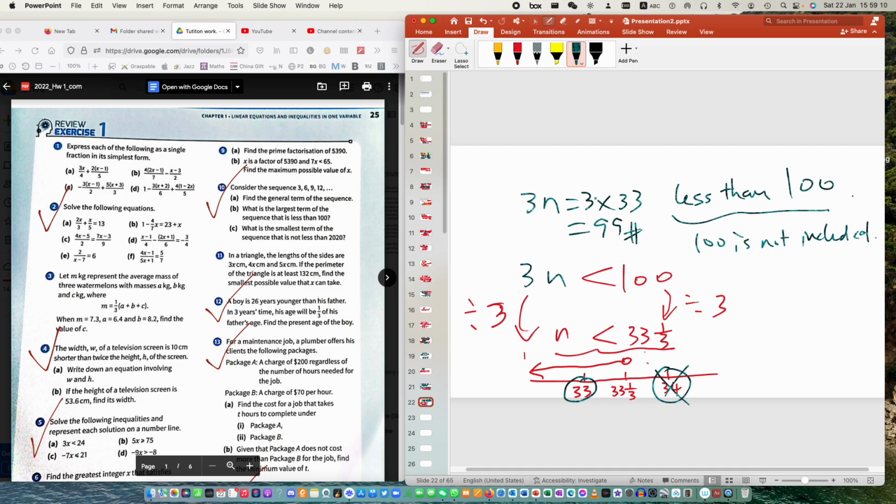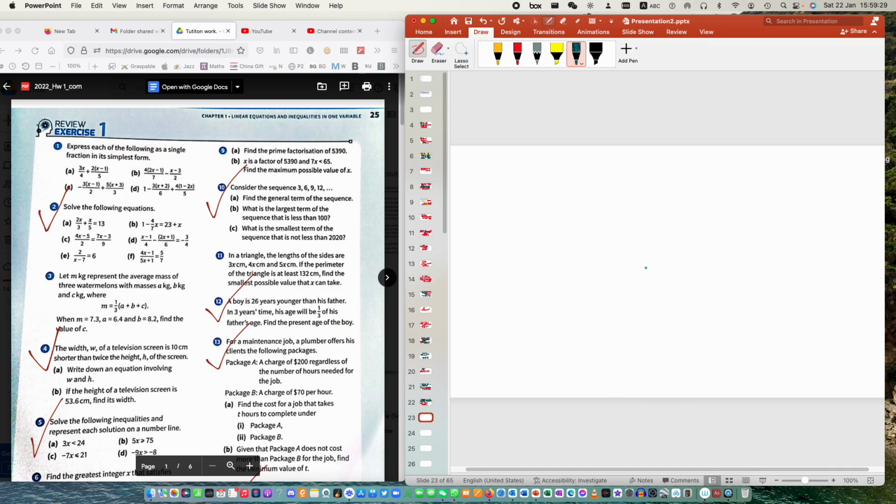The largest term is the 33rd term. The value is 99. Do you know the difference between these two? The first term is 3, right?